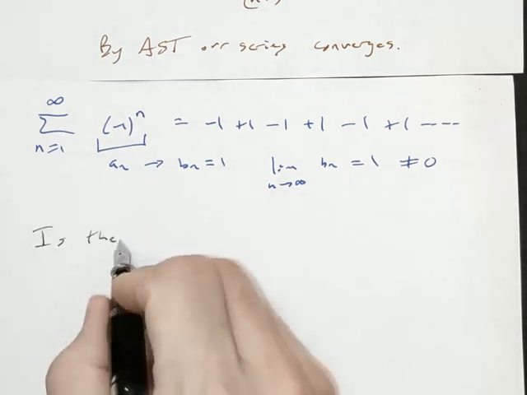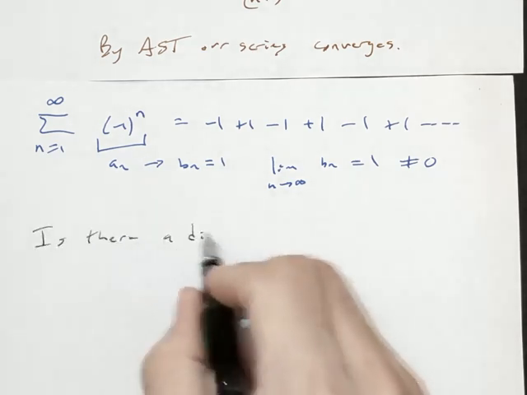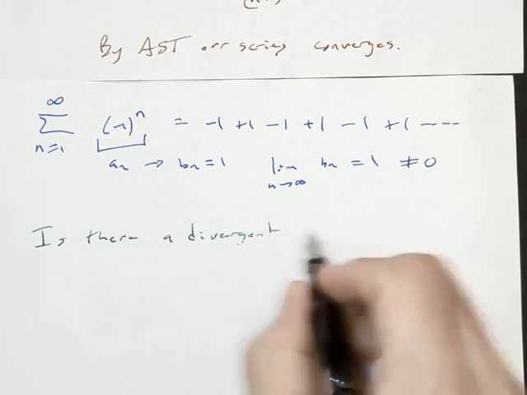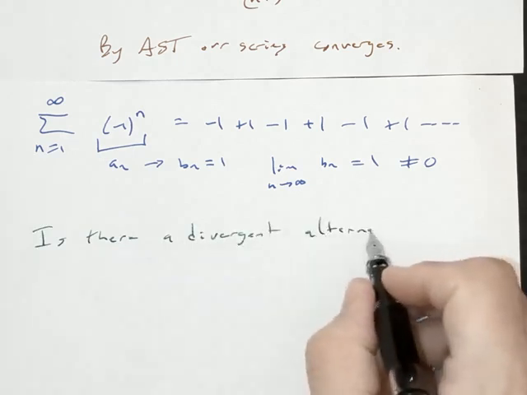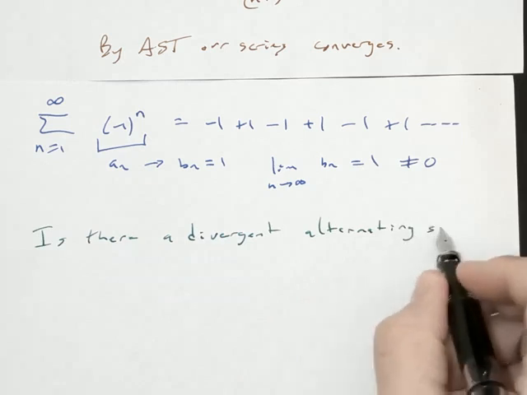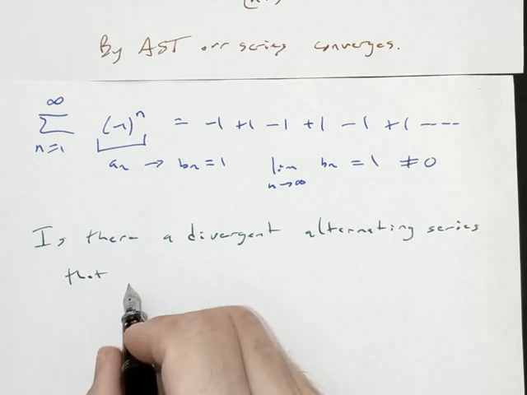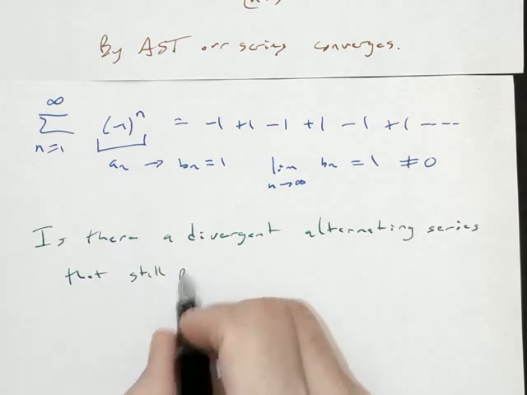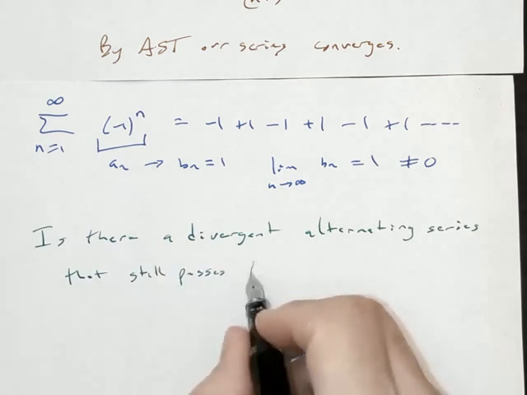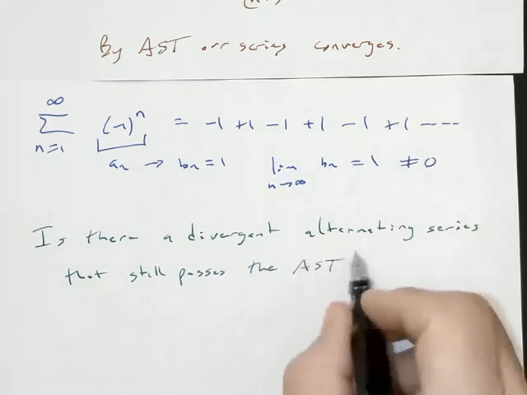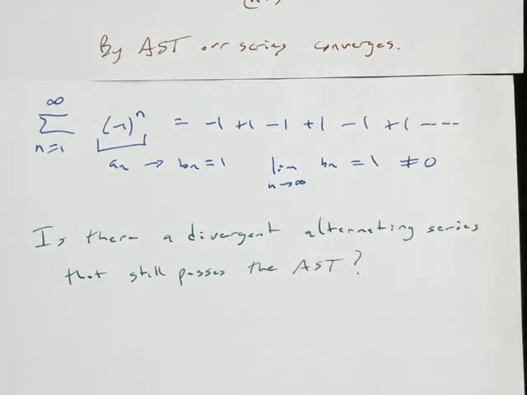Is there a divergent alternating series? There shouldn't be. Because not convergent means not passing.